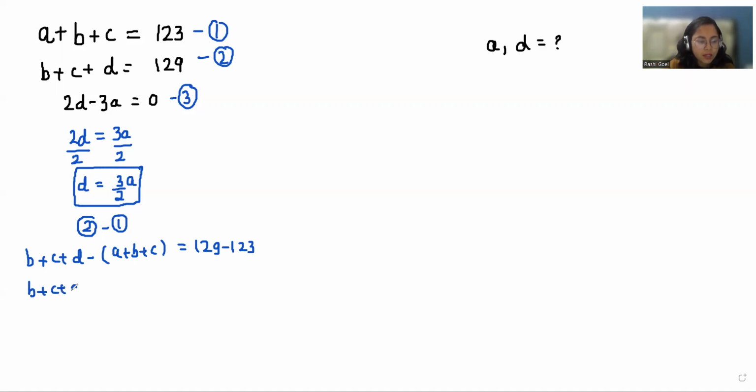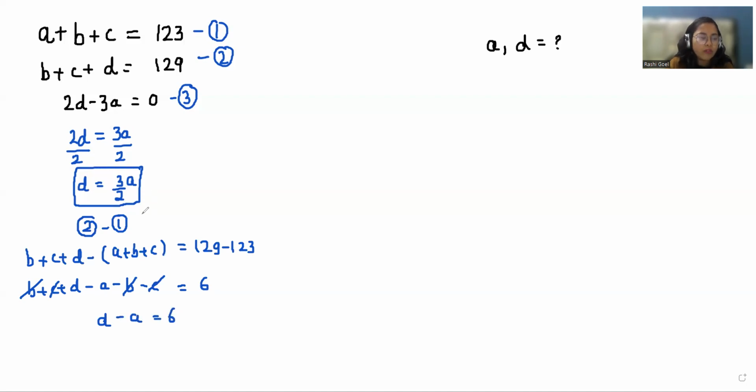Now b + c + d - a - b - c = 129 - 123, which is 6. Now we eliminate b with -b and c with -c. So what is left? d - a = 6.